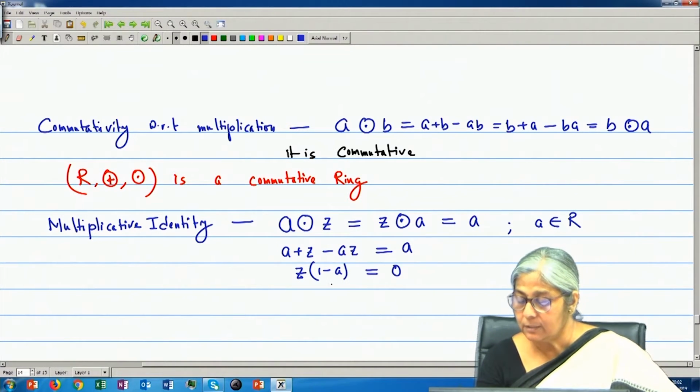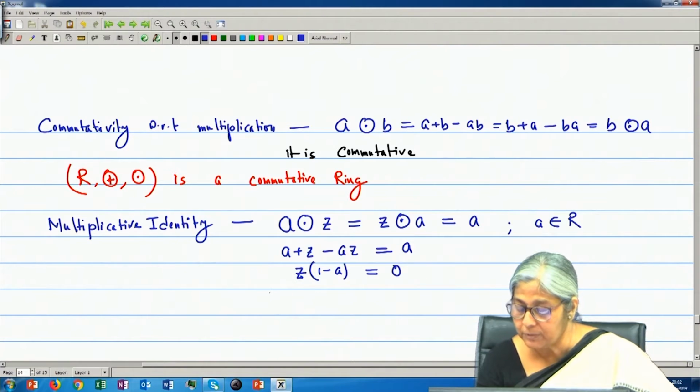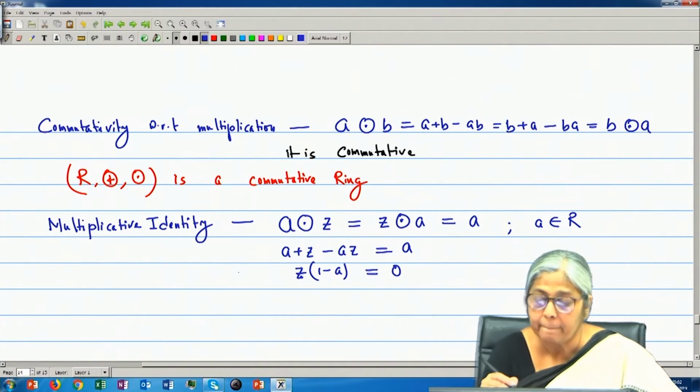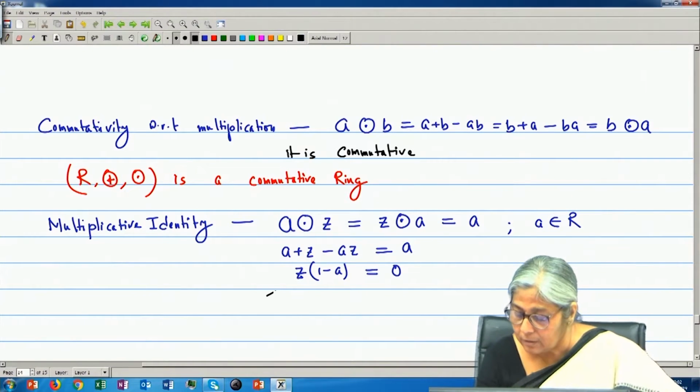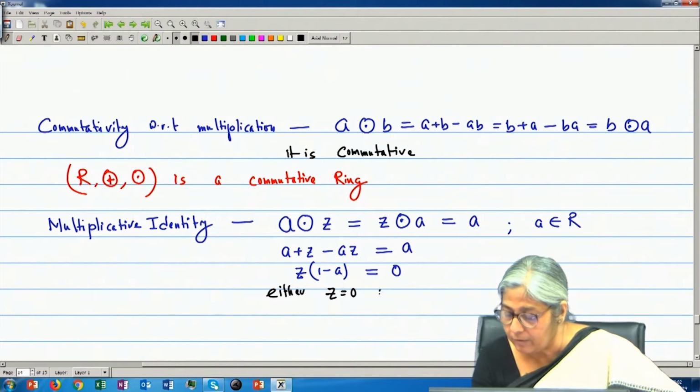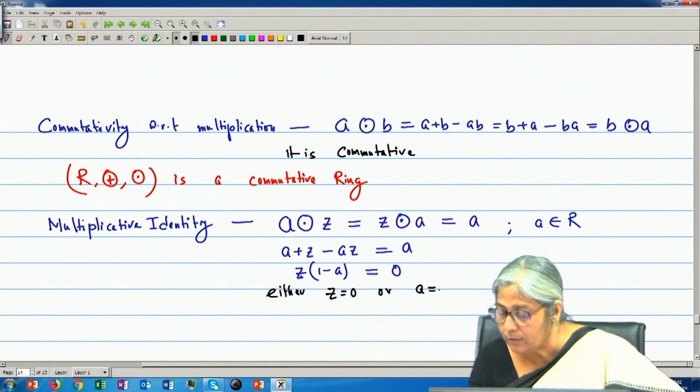Now, see here this becomes 0, that means either z equal to 0 or a equal to 1.